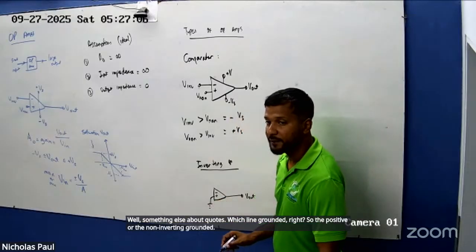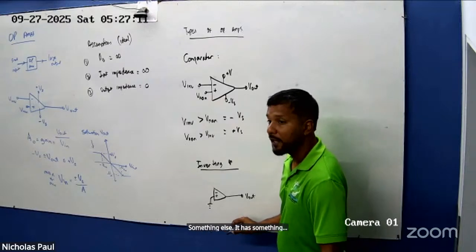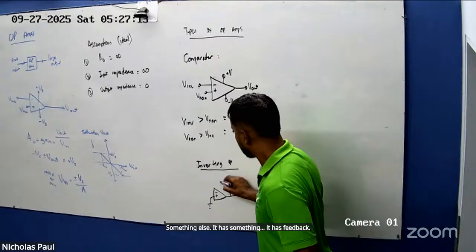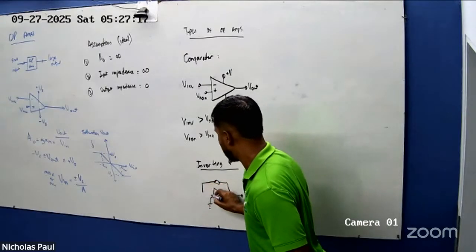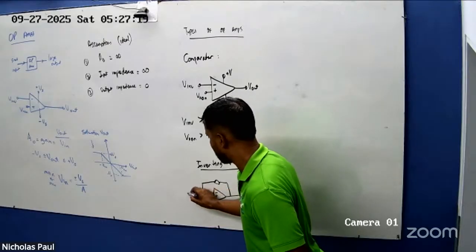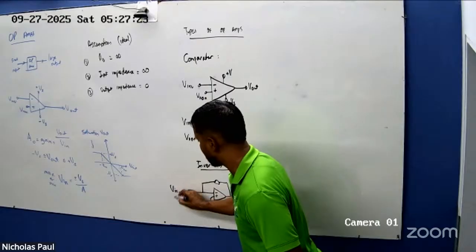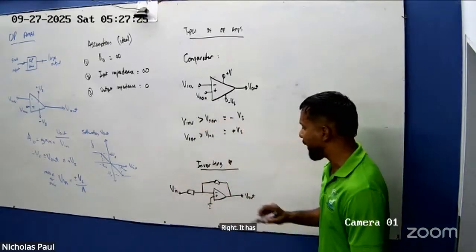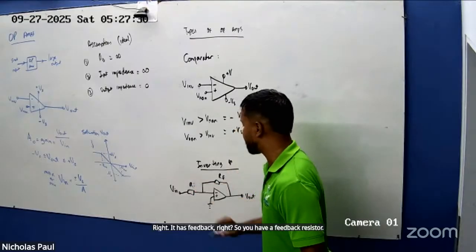Something else. It has feedback, right? So you have a feedback resistor and an input resistor.